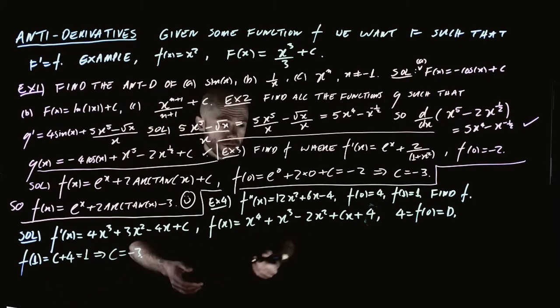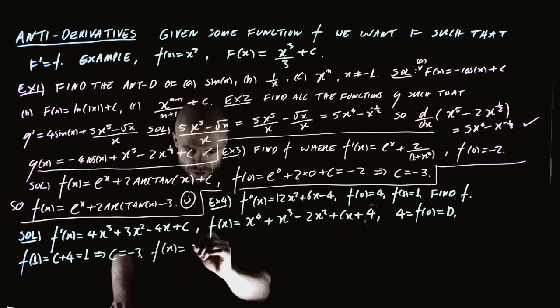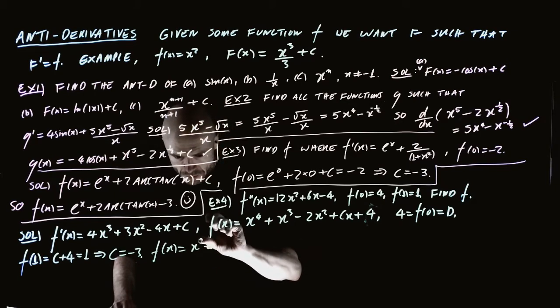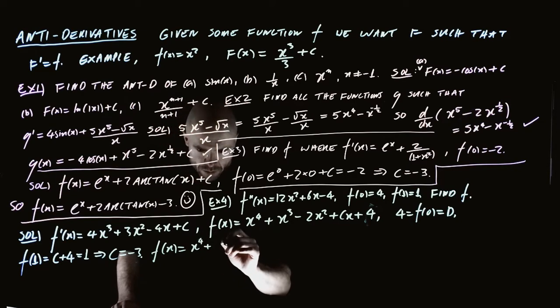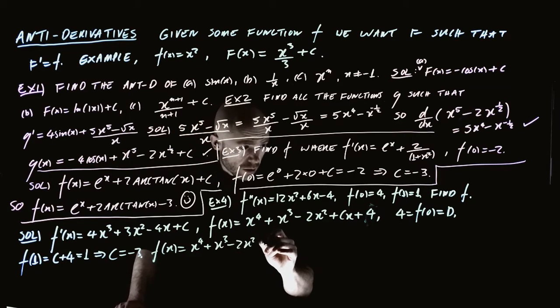So now we have the actual complete answer. X to the 4, that's x to the 3 minus 2x squared.